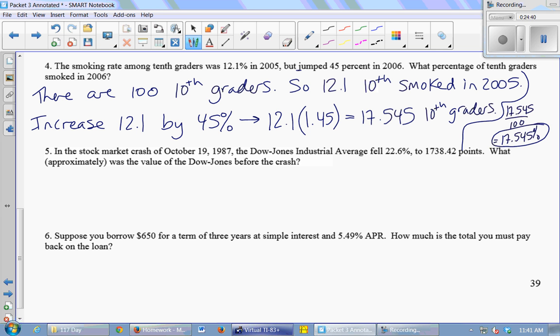All right, so here's another percent change problem. Stock market crashed in 1987, and the Dow fell by 22.6%, and it landed at 1738.42. What was it before the crash?